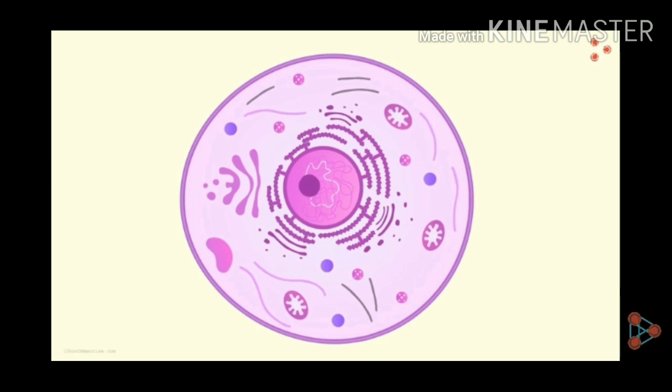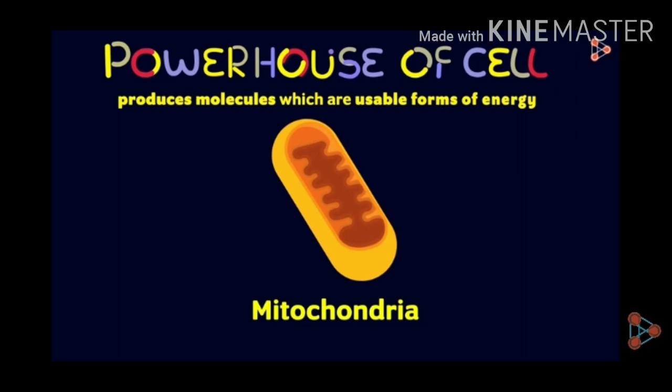In today's class I want to tell you about the powerhouse of the cell, which is a cell organelle, and the name of this cell organelle is mitochondria, which produces molecules which are a usable form of energy.